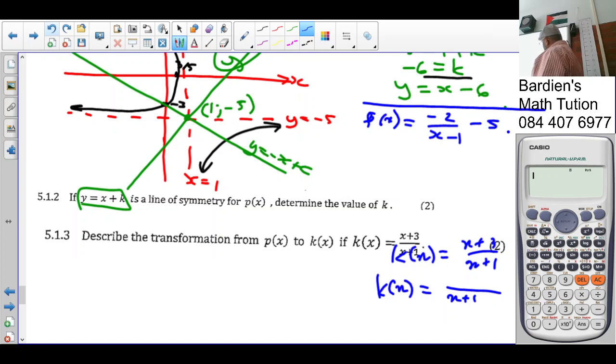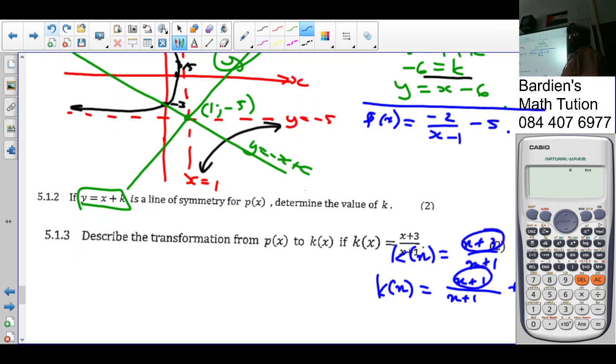And then I put on top x plus 1 plus something. So what must be added to x plus 1 to get x plus 3? 2. So 2 must be added. You all okay with that? So what is x plus 1 over x plus 1? 1. So the equivalent of k of x in the standard form is going to be 2 over x plus 1, plus 1.